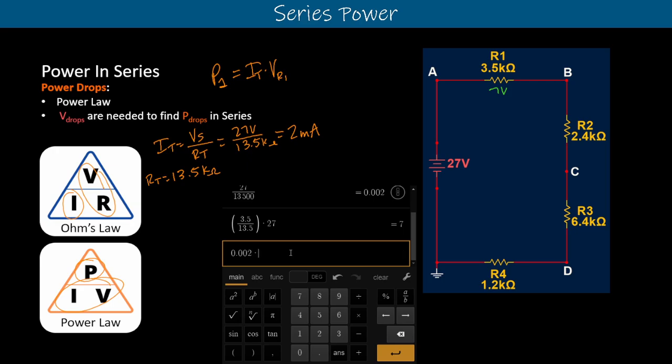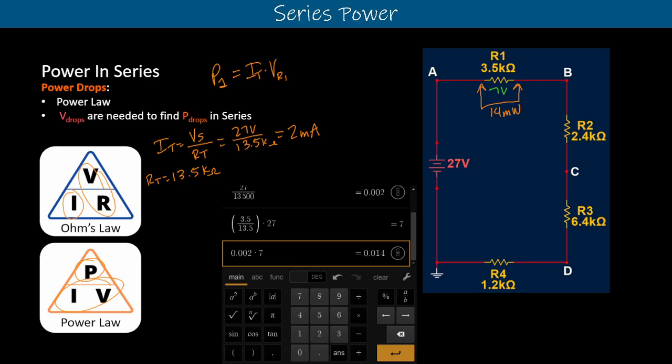And we can multiply that, just like our power law says, by our voltage drop across that specific resistor R1, and that's 7. So we know that the power, PR1, across this first resistor is equal to 0.014. We'll move that over, and it'll be 14 milliwatts. It's power, so it's watts.